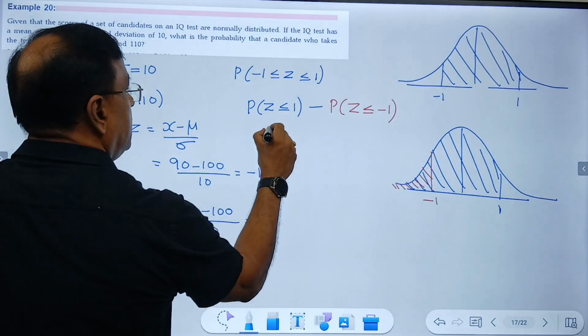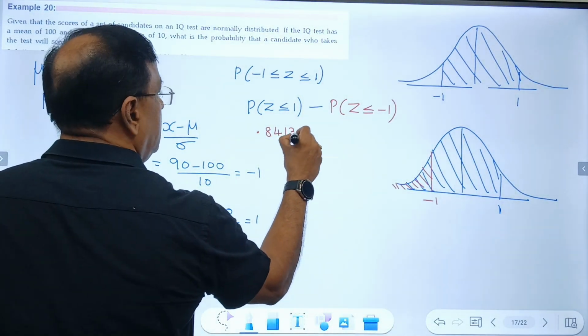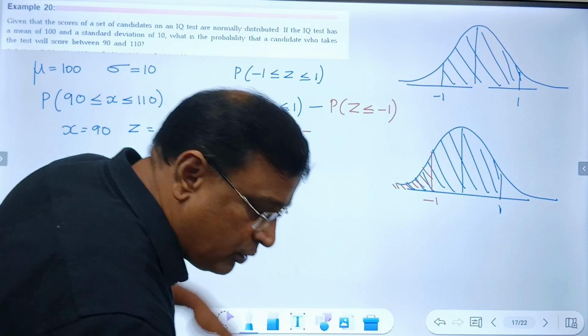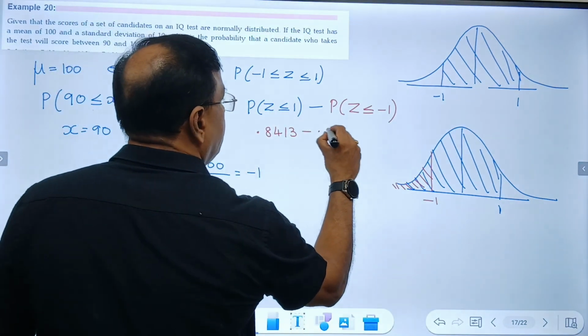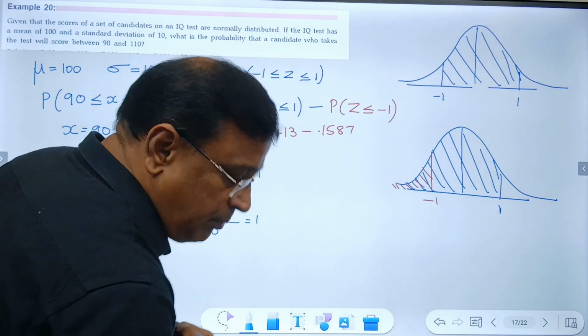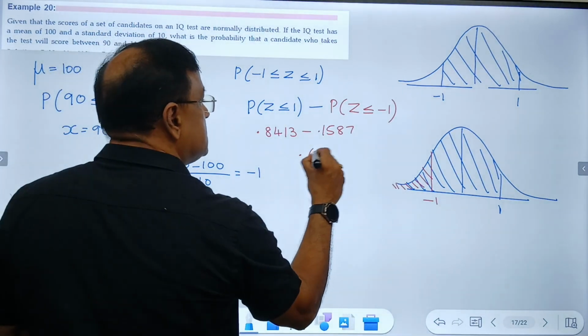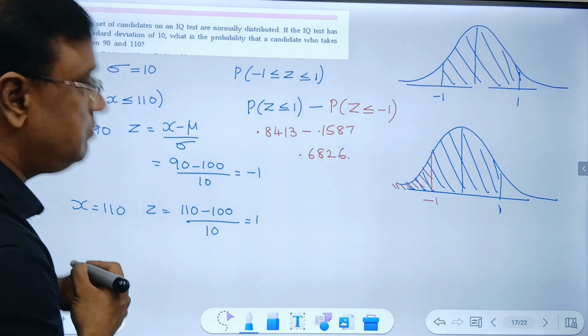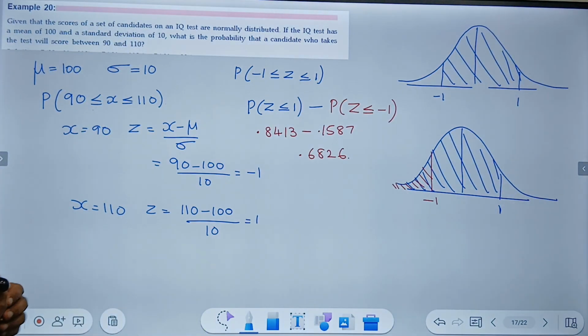This is 0.8413 minus. When it is minus 1, what happens? I think you can look into the table. It's not difficult. 0.1587. So when you subtract, you get 0.6826. So this is what we need to find.